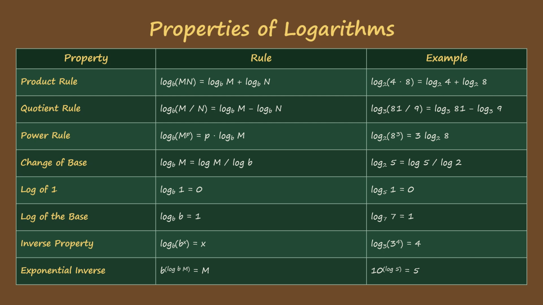What I've given you are the properties of logarithms: all of the properties, the rules, and examples of those rules. So if you want to study all of the properties before you take the quiz, that will help you on your quiz.